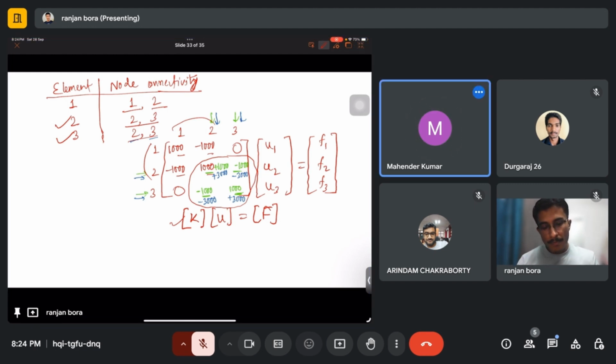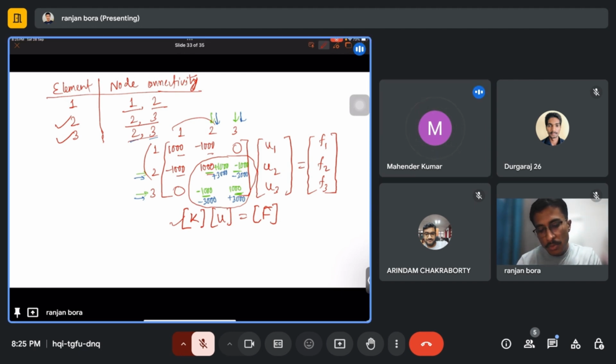So at 2 and 2, we add the first element and second element.